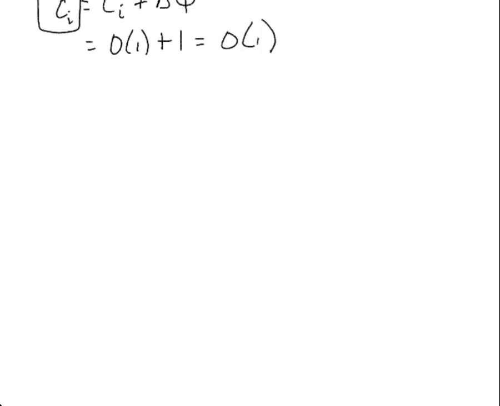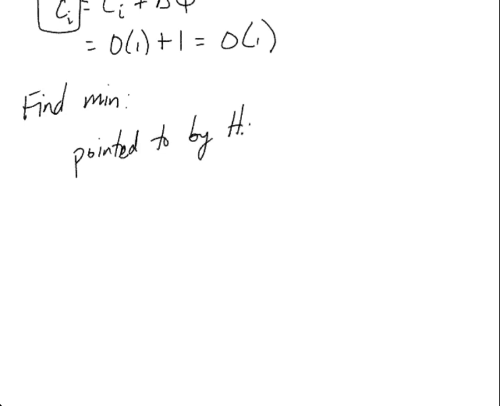What about finding the min node? Not extracting the min node, but finding the min node. The min node is pointed to by H min. So the actual cost is constant time. And the potential doesn't change.